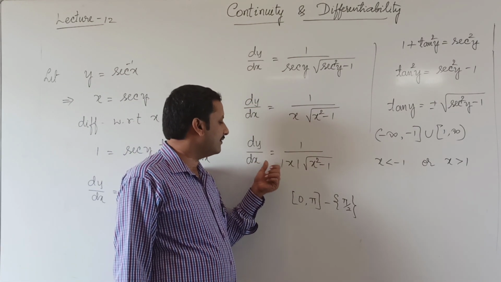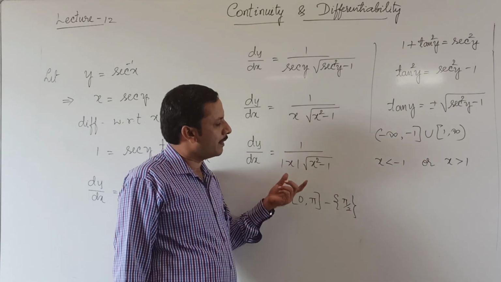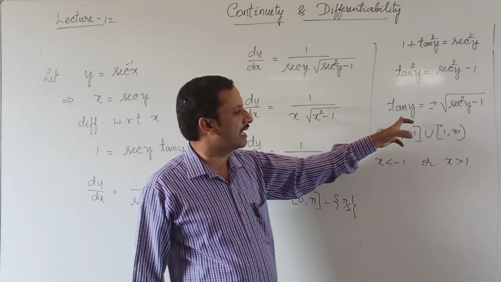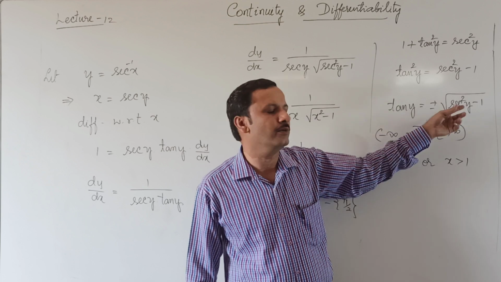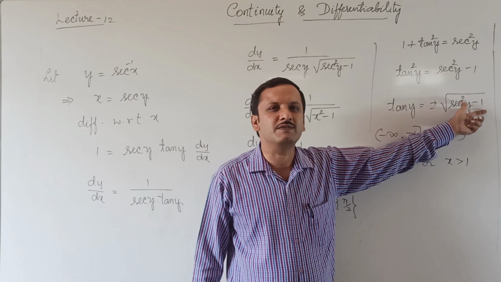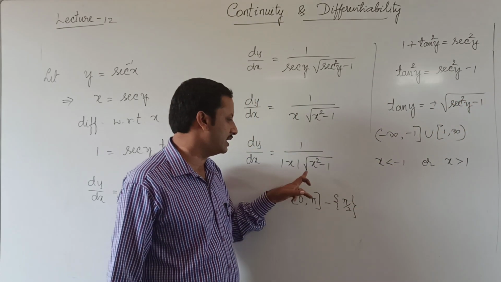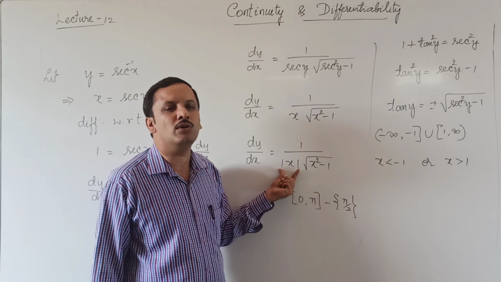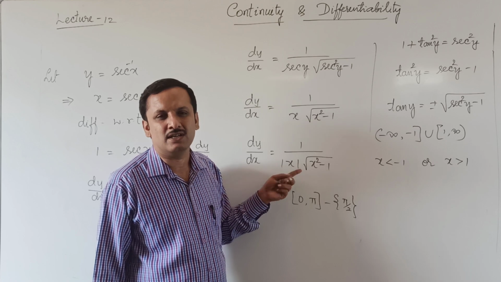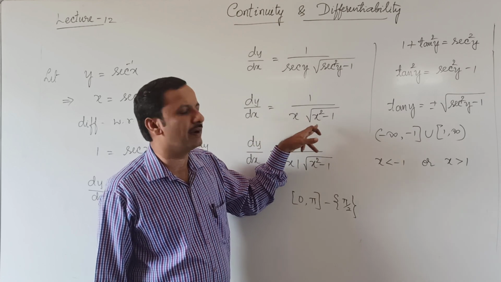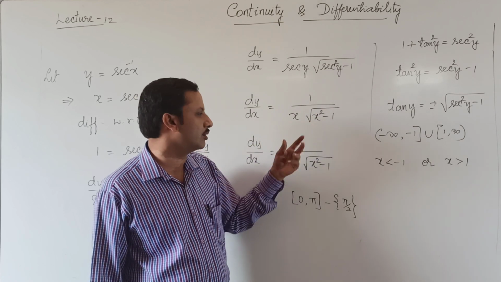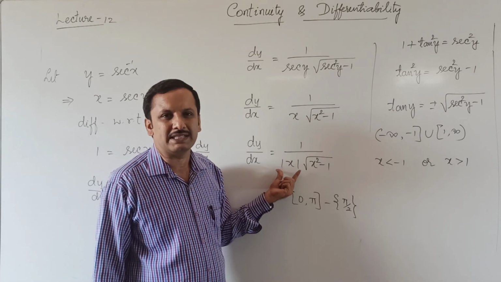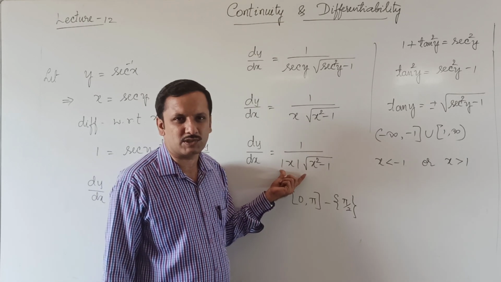We will get the derivative as 1 by, and this tan y is also negative. You will get a minus root of secant square y minus 1. In other words, here minus root of x square minus 1 into, this will also be minus x. So minus x into minus root of x square minus 1, together it will become plus x. So it will become modulus of x.